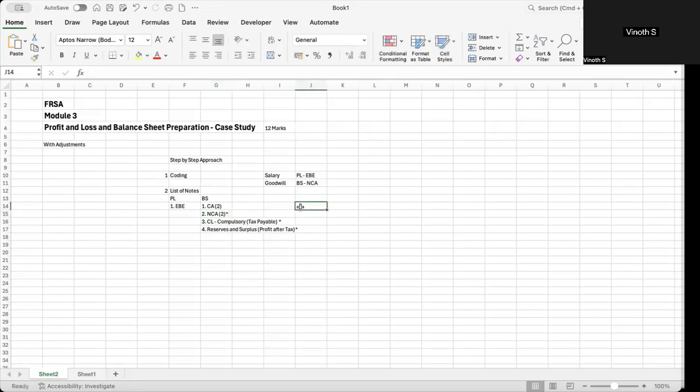The star means that one item in that note should come from the adjustment. This is the planning level.